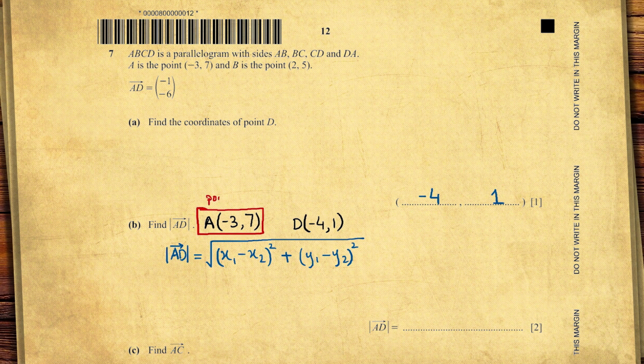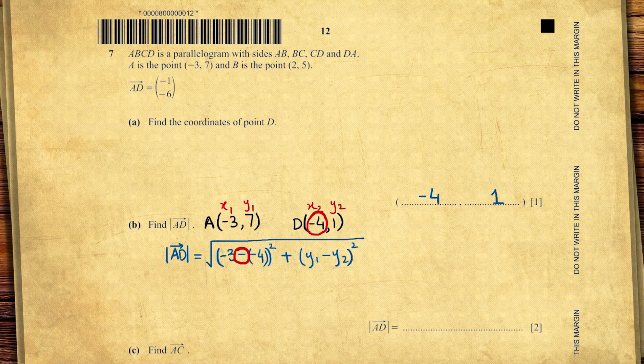Now let's say A is point 1 and D is point 2. So the coordinates of point A will be x1 and y1, and the coordinates of point D will be x2 and y2. Now we place these into the equation. x1 is -3, and x2 is -4. Now remember, there will be two minus signs.